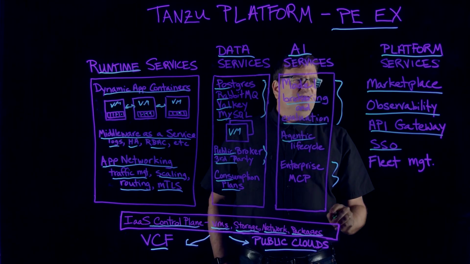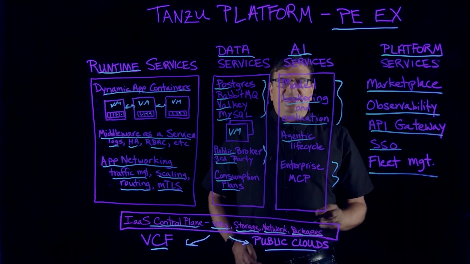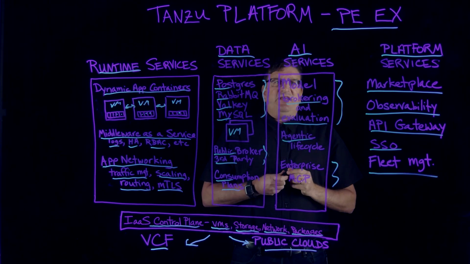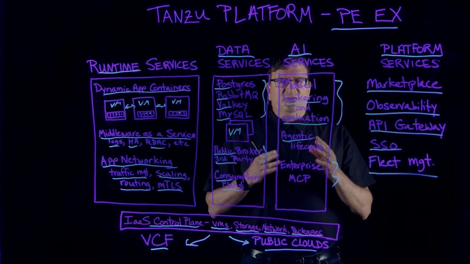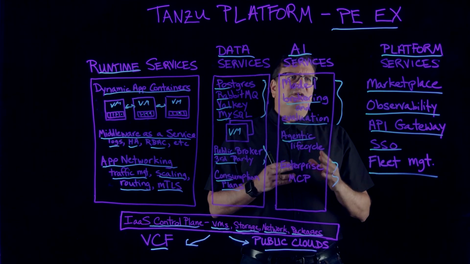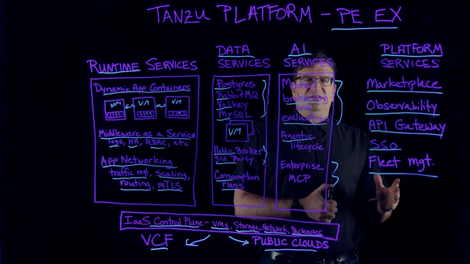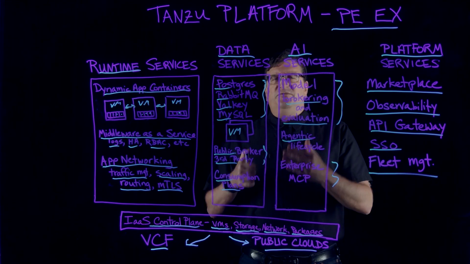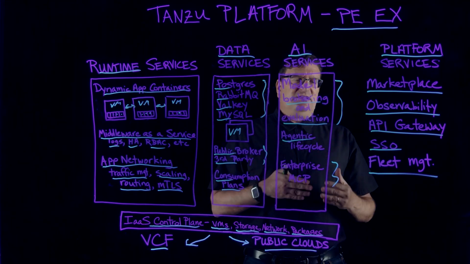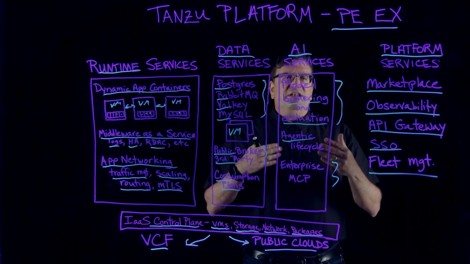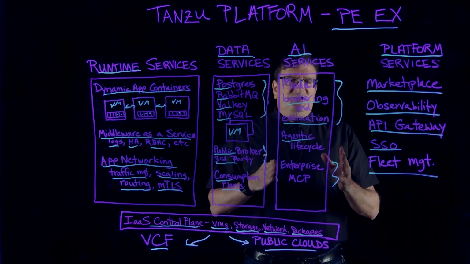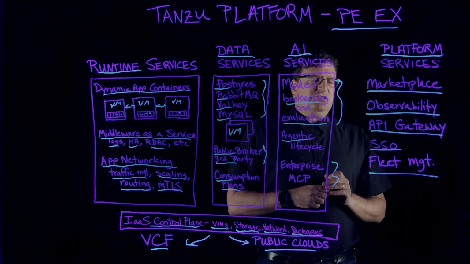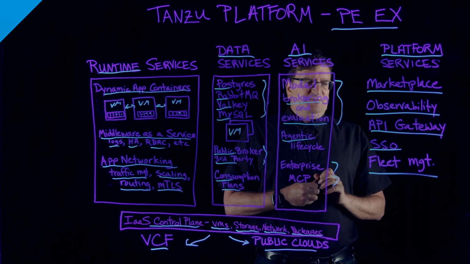Single sign-on services, and fleet management. So the platform comes with a set of capabilities that allows you to manage multiple foundations, multiple instances of the platform across different availability pools, and do it in an automated way across a large scale. This is designed for a very large scale of deployment that you can monitor, observe, and health watch everything that you're doing in the platform.